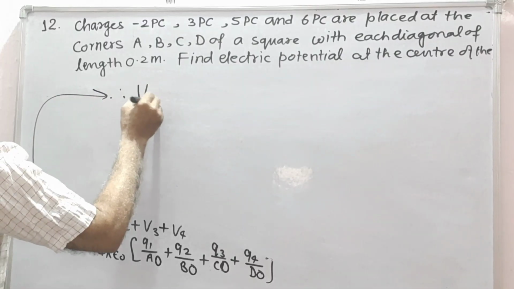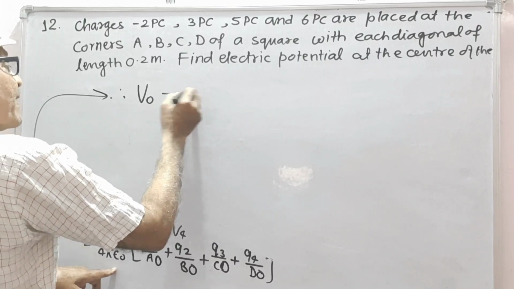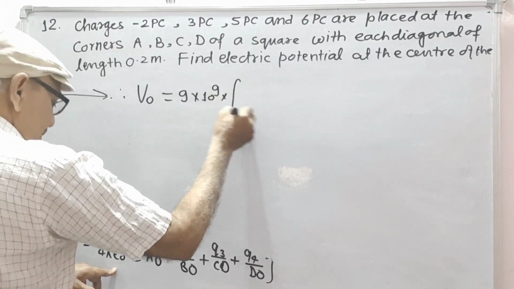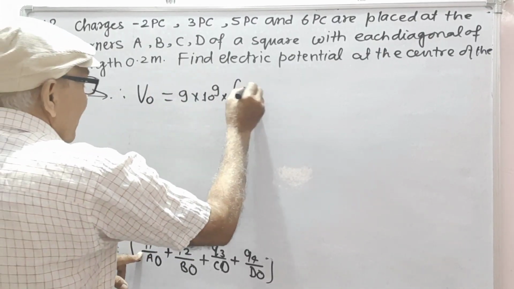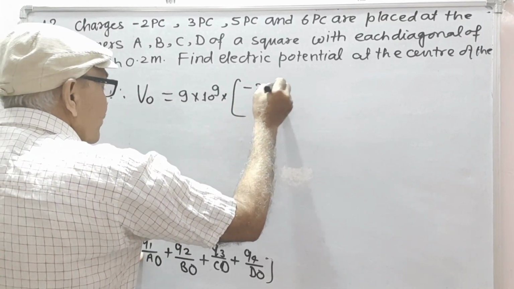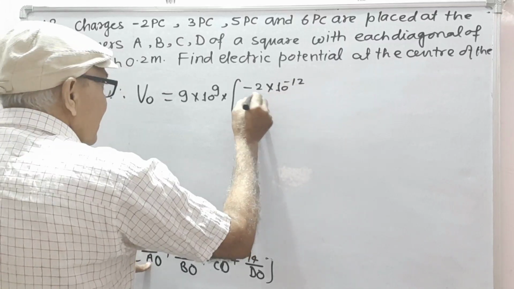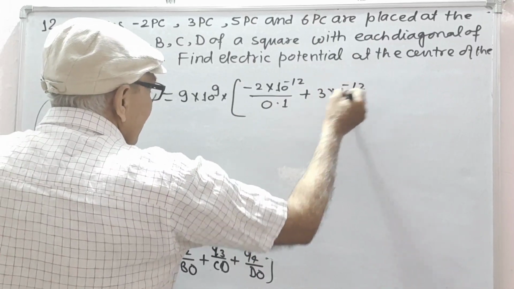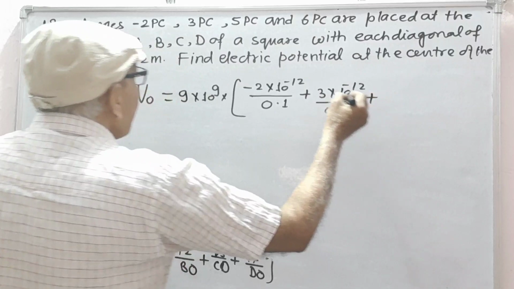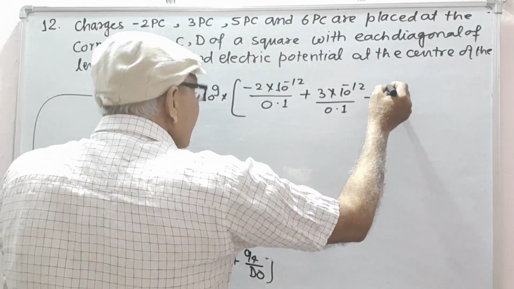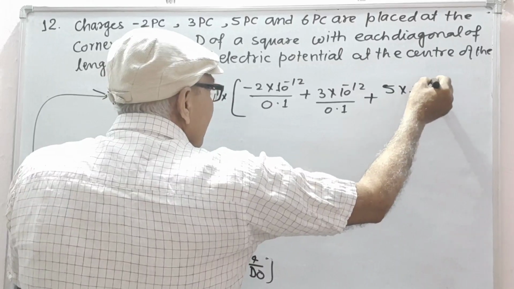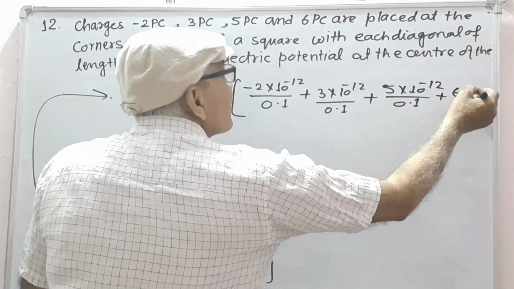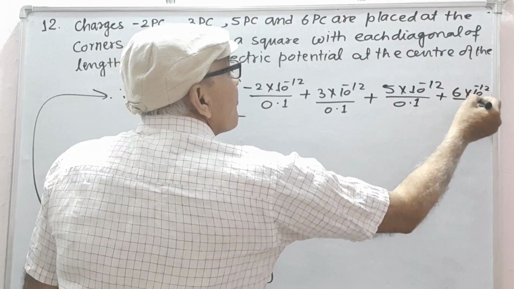Therefore, V at center will be equal to 1 upon 4 pi epsilon 0, which is 9 into 10 to power 9, into Q1, which is minus 2 into 10 to minus 12 upon AO, which is 0.1, plus Q2, 3 into 10 to minus 12 upon 0.1, plus Q3, 5 into 10 to minus 12 upon 0.1, plus Q4, 6 into 10 to minus 12 upon 0.1.